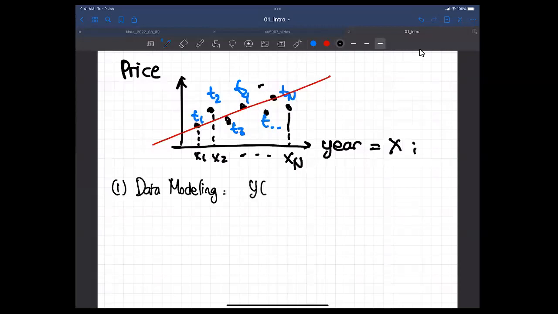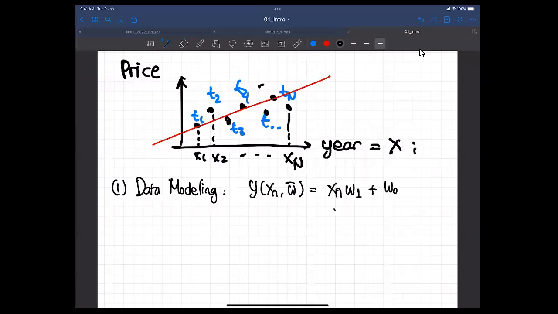Then y(x, w bar) equals what? If I have a straight line like that, let's assume that I just want to model one data point xn. So this is xn w1 plus w0.